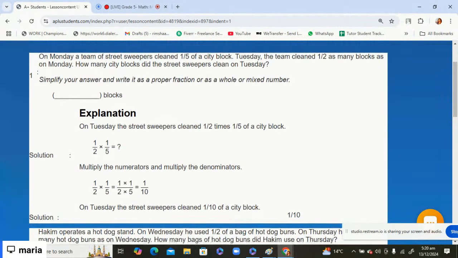On Monday, a team of street sweepers cleaned 1 by 5 of a city block. Tuesday, the team cleaned 1 by 2 as many blocks as on Monday. How many city blocks did the street sweepers clean on Tuesday? Simplify your answer and write it as a proper fraction or as a whole or a mixed number. It's 1 by 5 times 1 by 2.